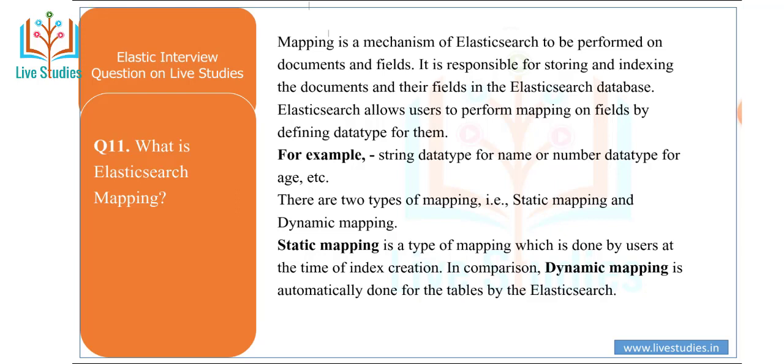There are two types of mapping: static mapping and dynamic mapping. Static mapping is done by the user at the time of index creation. In comparison, dynamic mapping is done automatically by Elasticsearch.